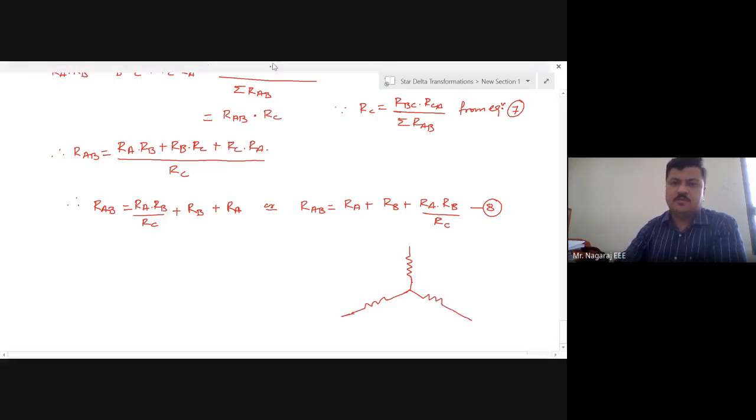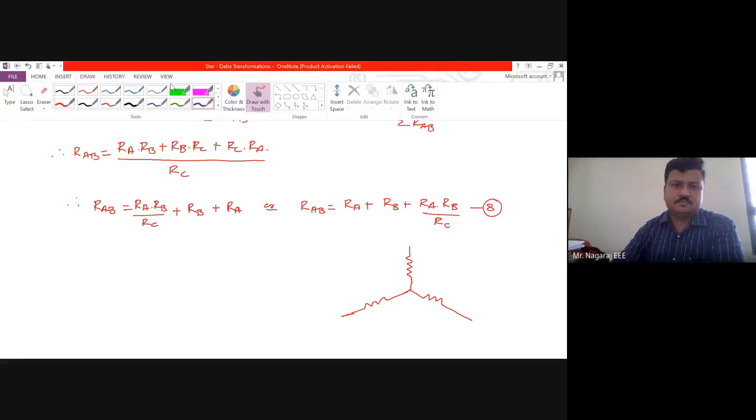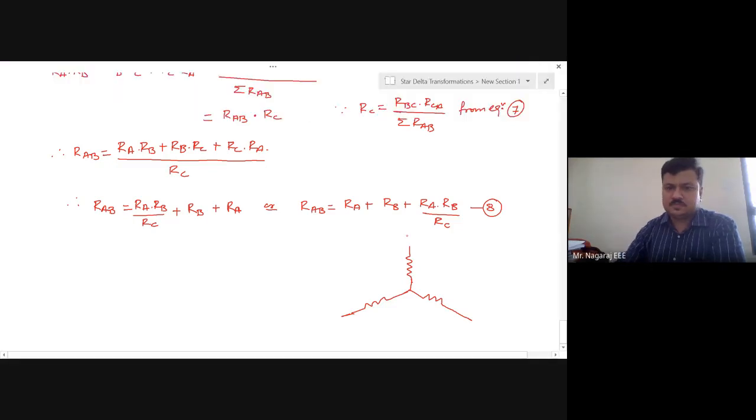Then when I take the equivalent delta of that, terminals A, B and C, let this be RA, this will be RB and this is RC.